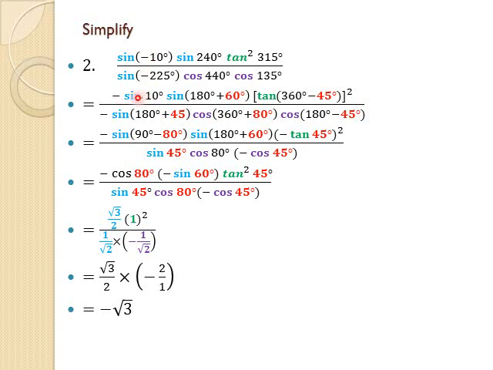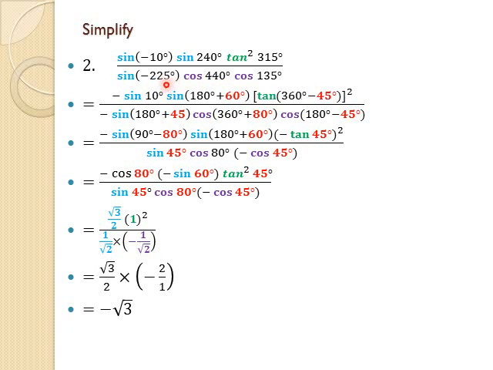In the fourth quadrant, sine is negative. 240, I remember I'm solving via special angles. So 180 plus 60, 60 being a special angle, gives me 240. So that is our right, 240. For tan, remember the square, as I said previously, we can take out. Bring in a special angle, 360 minus 45 gives me 315. So 45 degrees, also special angle.